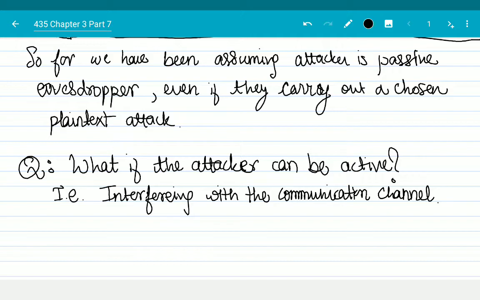In that case, are our systems secure, or is there something that needs to be taken care of more?